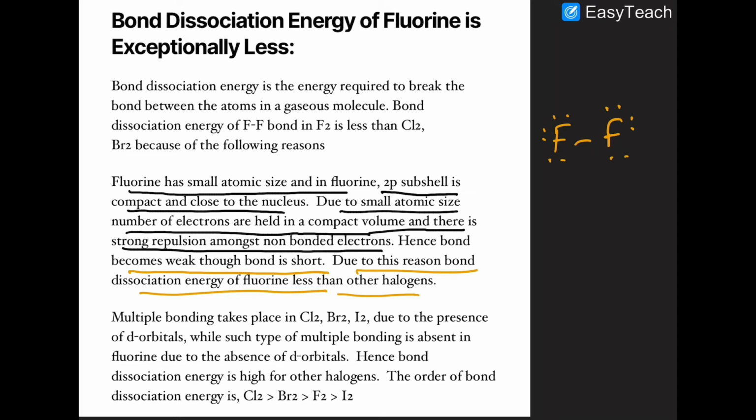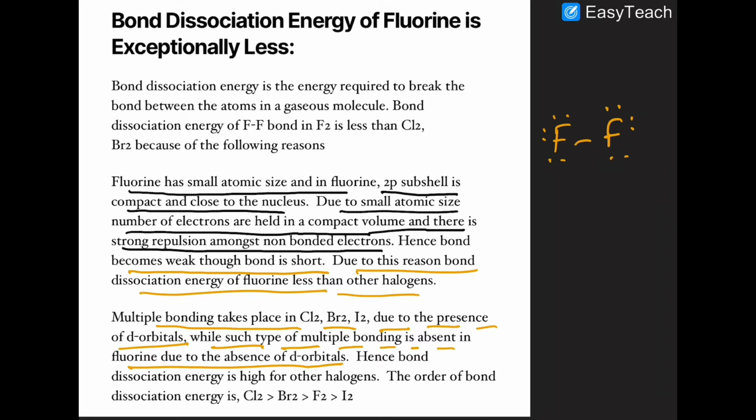Multiple bonding takes place in chlorine, bromine and iodine due to the presence of d orbitals, while such multiple bonding is absent in fluorine due to the absence of d orbitals.